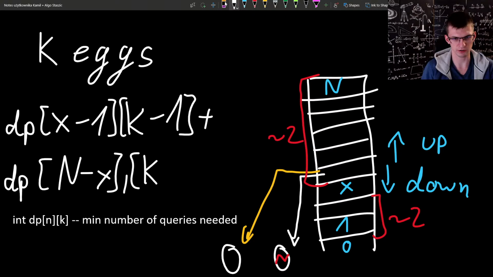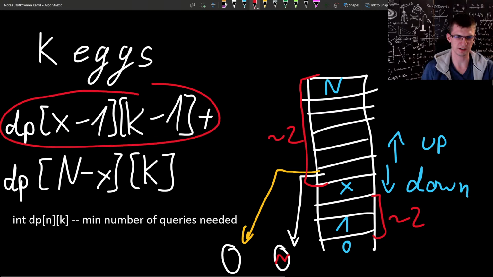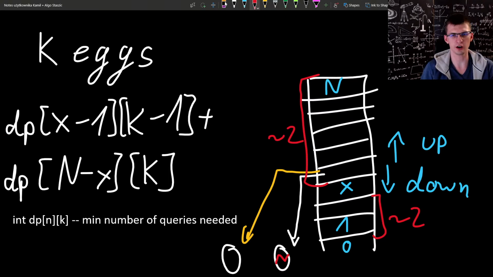Maybe very rarely. Here we don't add. If you're given information that this possibility will mean that there are 5 queries needed, and this one means that there are 3 queries needed, then the worst case is this one. What we really need to do is we need to take maximum.